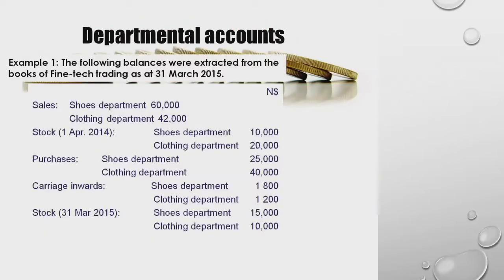Okay, this is an example of the balance extracted from the books of Fintech Trading as at 31st March 2015. We have sales: department A, shoes, has 60, clothing department has 42, stock, purchases, carriage inward, stock. Now, instead of doing it only for one department, you are going to do it for two departments.